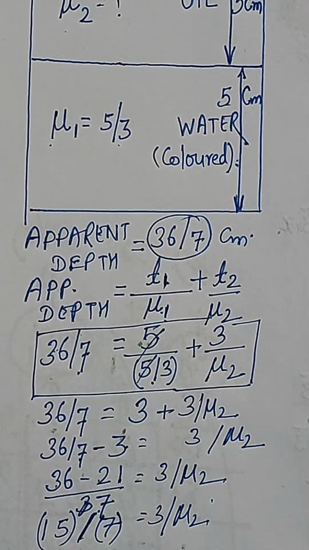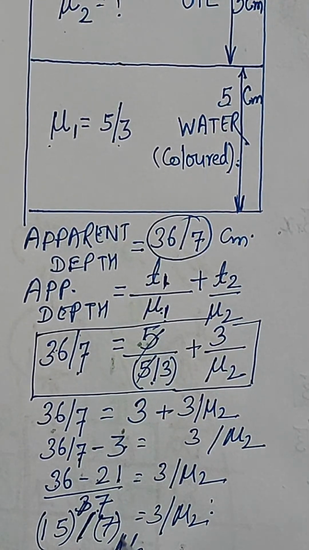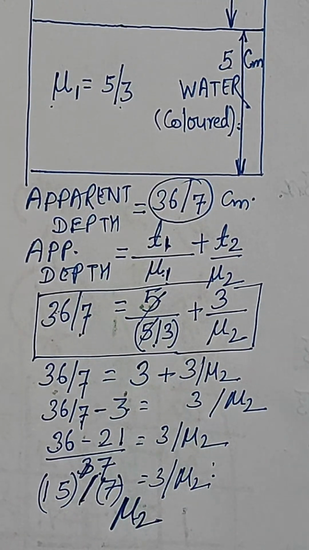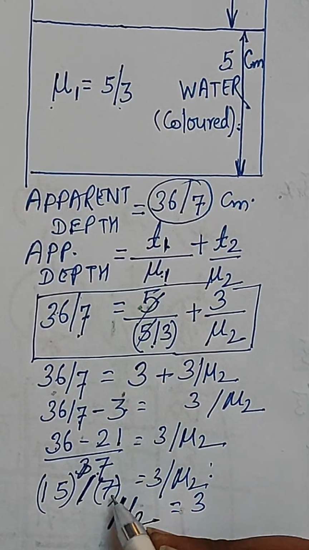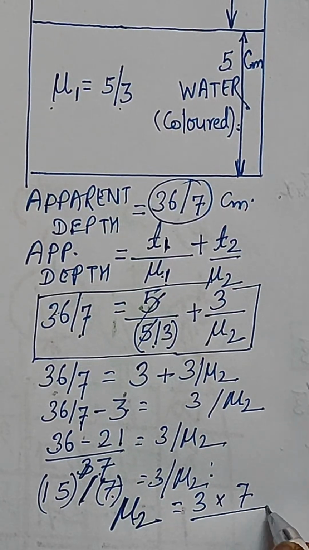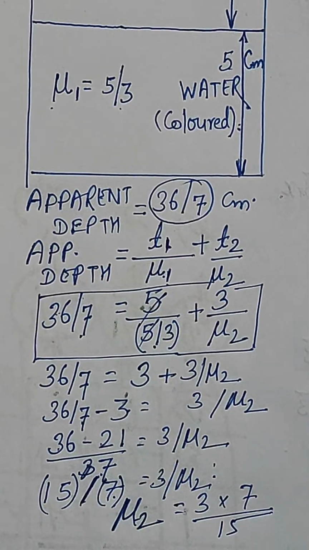And finally, when you solve it by cross multiplication, you just write the value of mu 2 as equal to 3 into 7 divided by this 15, right?